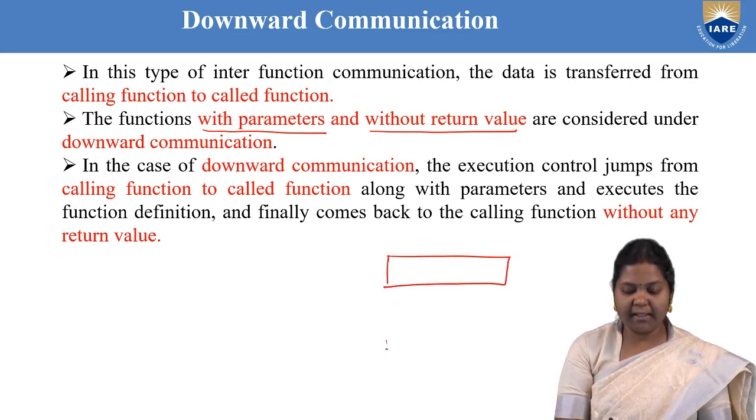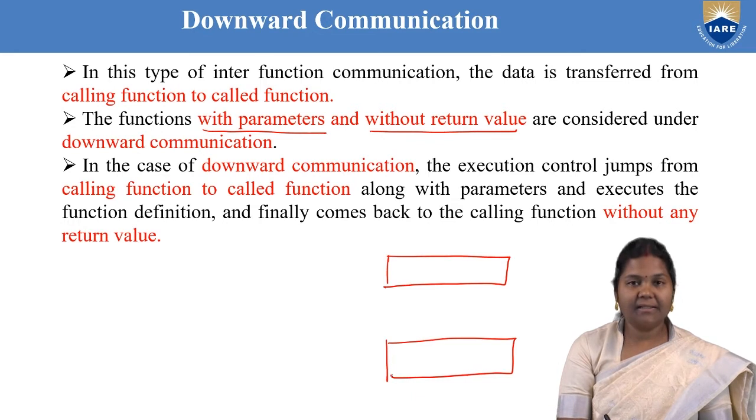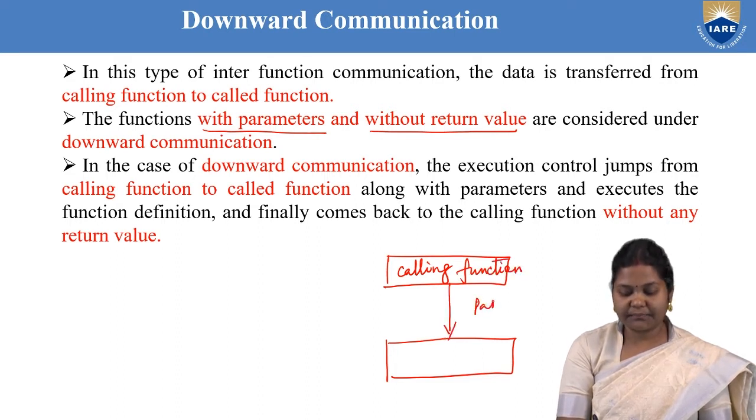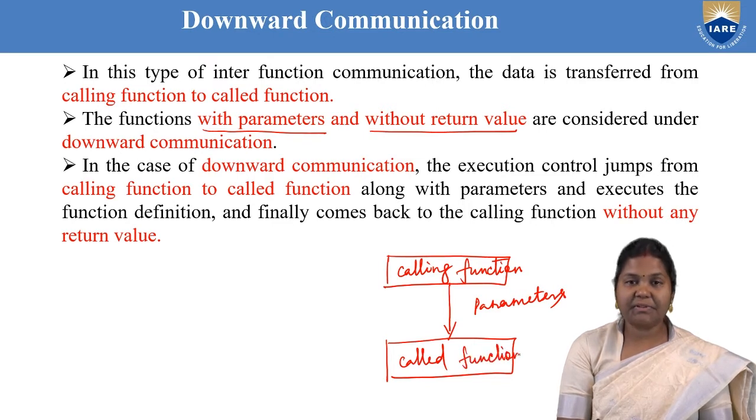In a simple diagram, you can understand here, this is our calling function. The calling function calls a function by passing some parameters or arguments. The called function receives those arguments and does the specific task, but returns nothing to the caller.